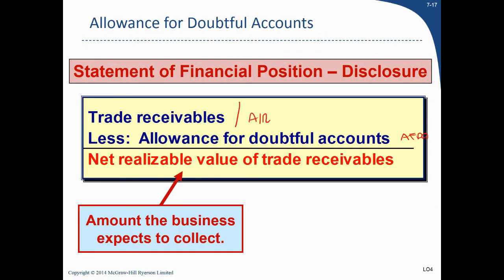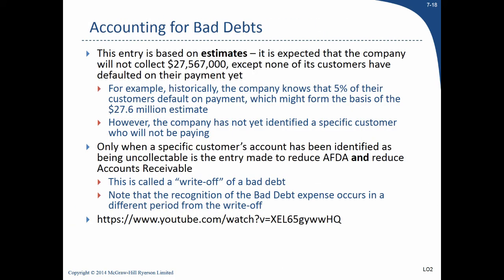The question is, how do we get to the number? We have to make an estimate. Now this is different than what we've seen up till now because we haven't had to really make any judgment calls or estimates. In all the numbers we've seen, everything has been factual. We've been given the numbers, but also it's been like, you bought a piece of equipment for $1,000. You paid $1,000 in cash.